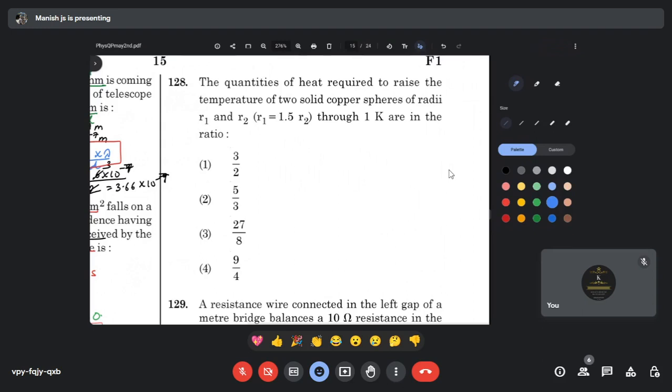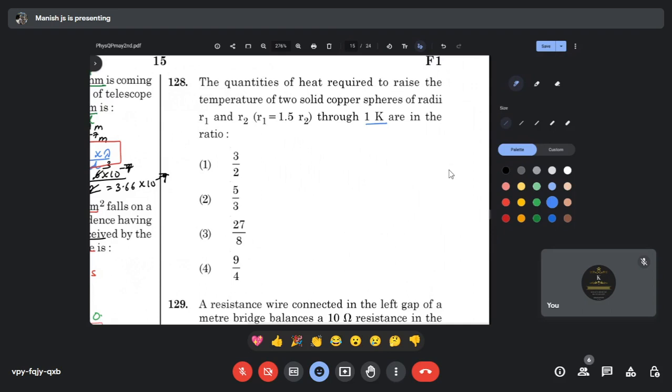The question says: the quantities of heat required to raise the temperature of two solid copper spheres of radius R1 and R2 through 1 Kelvin. Then what should be the ratio if you're going to raise them through 1 Kelvin?